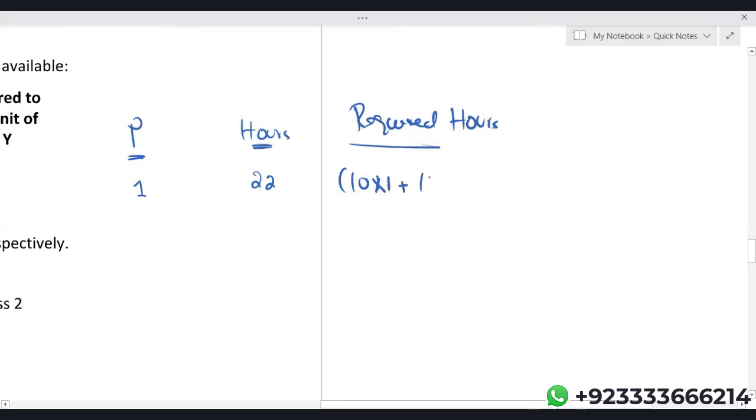Demand for product Y is 16 units, and 1 unit of Y takes 0.75 hours of process 1. So 16 multiplied by 0.75 plus 10. Process 1 is not the bottleneck. Why? Because hours available are 22 and required are also 22.